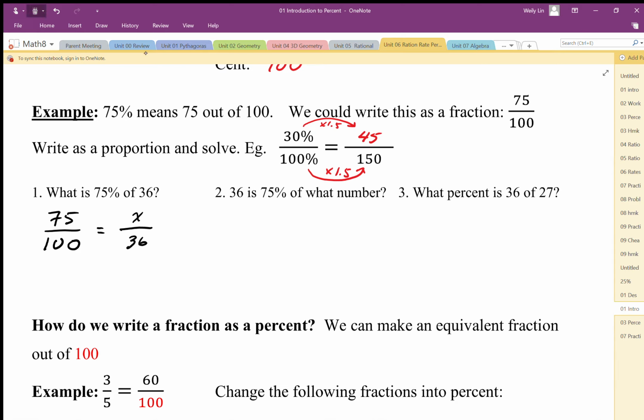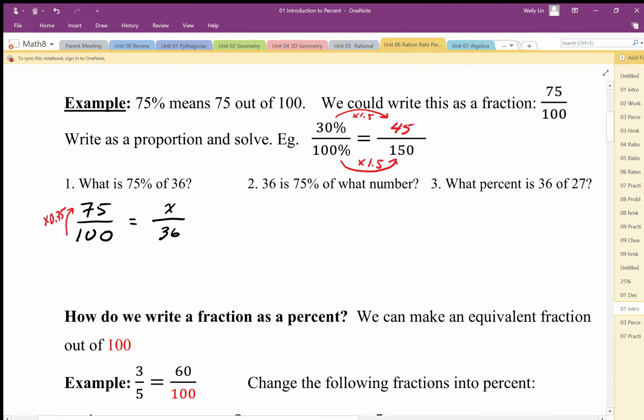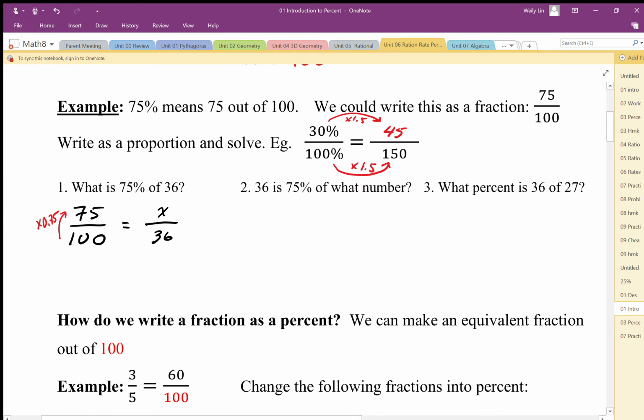I'm going to suggest that we use the up and down multiplier. So when I divide 75 by 100, we end up with our decimal percentage. This is also called a unit rate. This decimal percentage, this up and down multiplier, is a decimal percentage. It's also a unit rate, and we can use that decimal percentage as our multiplier in the problem.